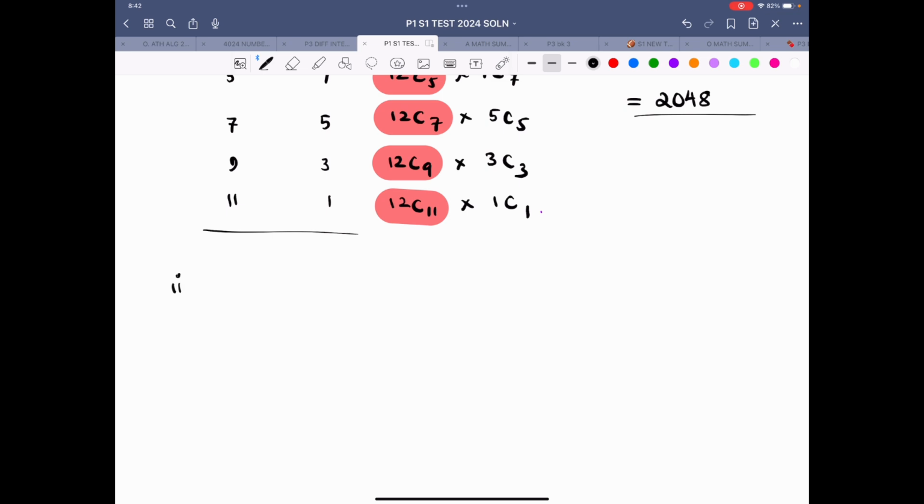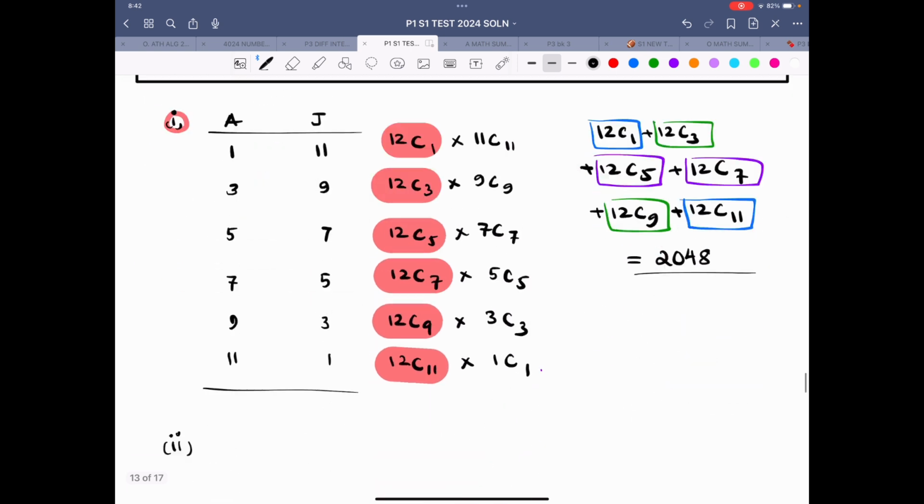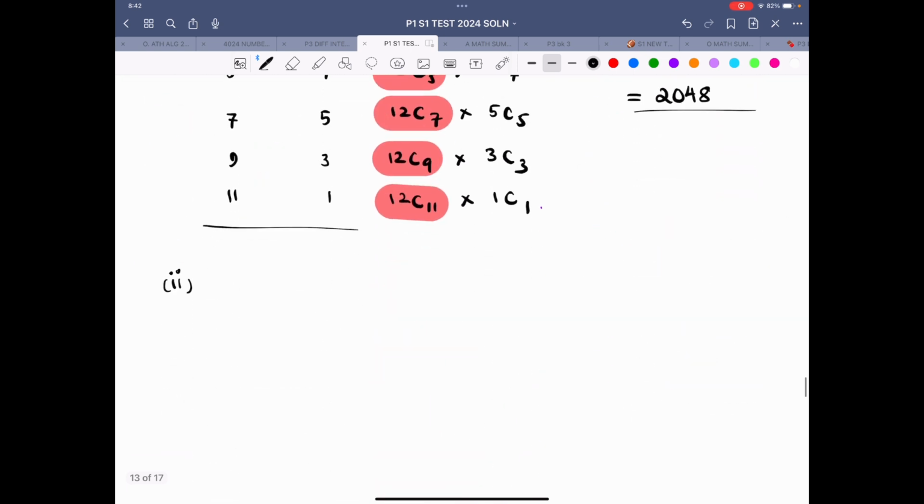So for the second part, there are 7 cupcakes and 4 brownies. So 7 cupcakes: 1, 2, 3, 4, 5, 6, 7. And there are 8 spaces: 1, 2, 3, 4, 5, 6, 7, and 8. In these 8 spaces, let me fit in 4 brownies. And the 7 cupcakes can arrange themselves in 7 factorial ways.